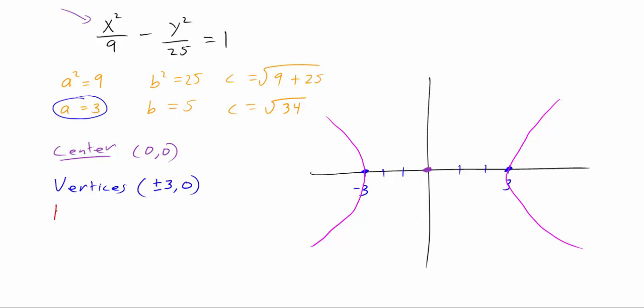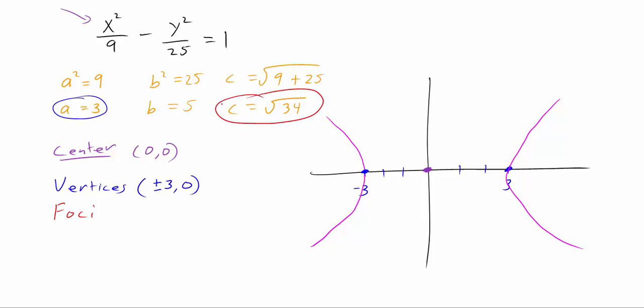If we want to locate the foci, we know they're going to be somewhere on the inside here and on the other side. The distance from the center to the foci is the value of C. Here's our C value, which we said was the square root of 34.